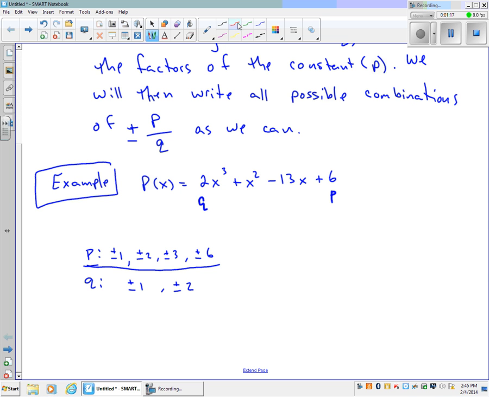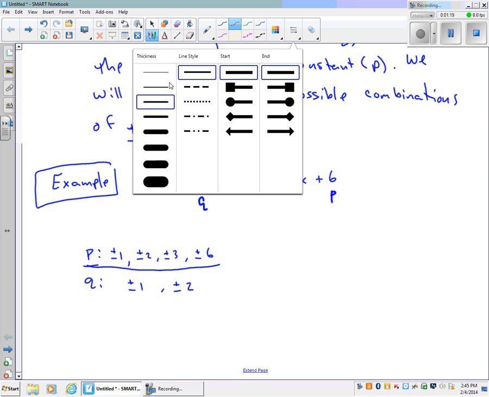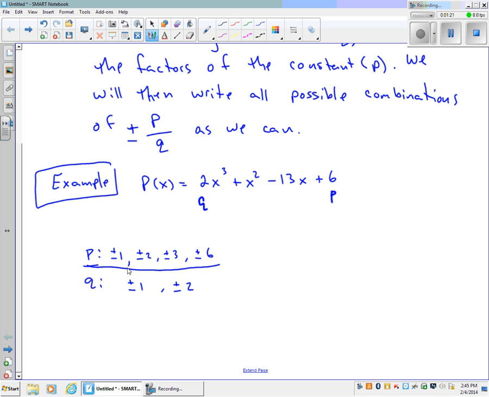So what we want to do is come up with all of the possible combinations. So we're going to do 1 over 1, so positive and negative 1 over 1. We're going to do 1 over 2, so positive and negative 1 over 2. And then we're going to jump over the 2 and do 2 over 1, so positive and negative 2 over 1.